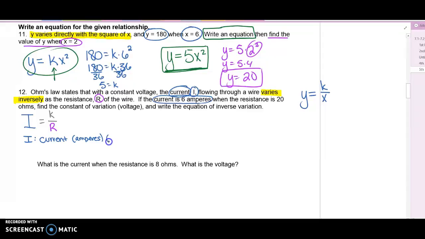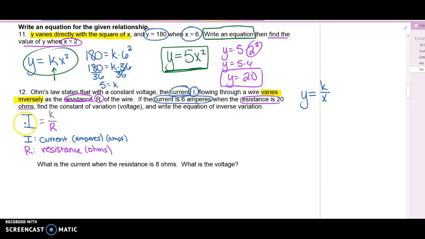Some of you might know the word amps. Now let's find everything we can about R. R is the resistance. And if we look through here, resistance is 20 ohms. So our label is ohms.